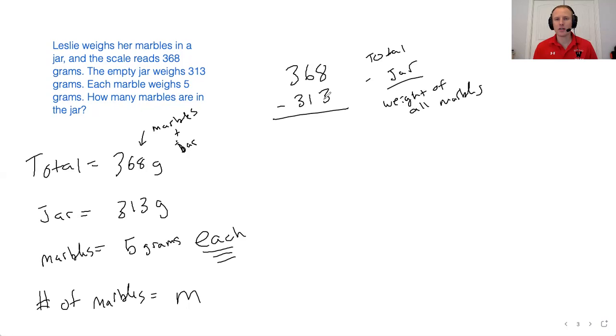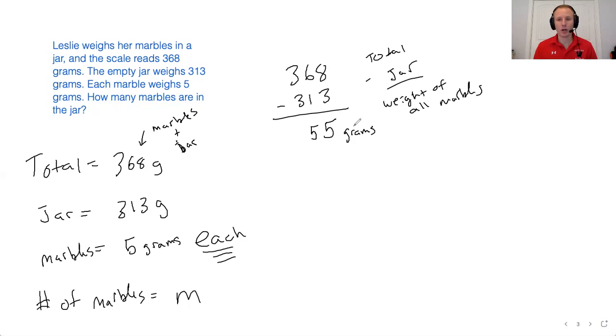So let's see. 8 take away 3. That is going to be 5. 6 take away 1. Look, we don't even have to do any regrouping with this one. It's going to be 5. 300 minus 300 is 0. So we have 55 grams. So altogether, the marbles weigh 55 grams.